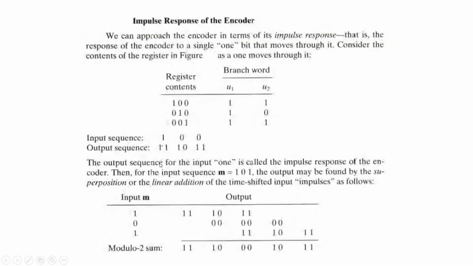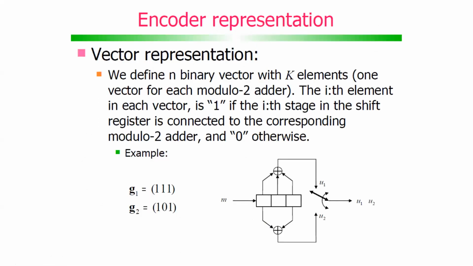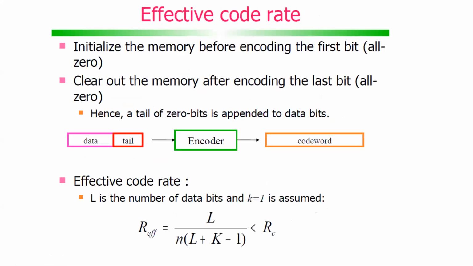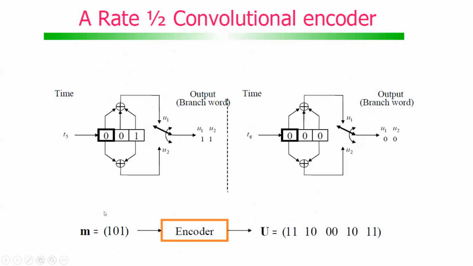Correct? Now, the point is why these codes are called convolutional codes. For a message vector of 101, these are the branch words, and this is the code word. U is actually the full code word, and these 11, 10, 00, 10, and 11 are known as the branch words. So you must understand the difference between a code word and branch words.